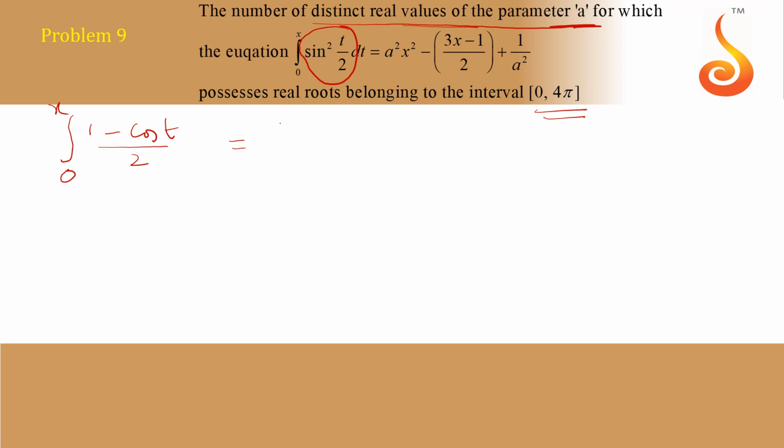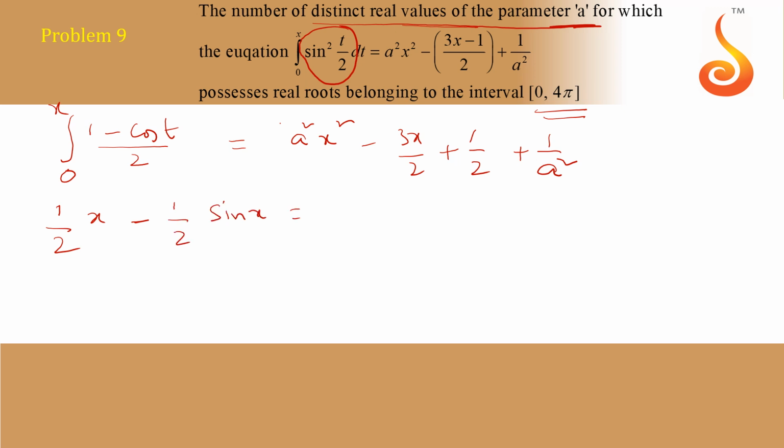The given is a square x square minus 3x by 2 plus 1 by 2 plus 1 by a square. So this is half definite integration. If you apply, half x minus 1 by 2 cos t is integration sin t, that is sin x minus sin 0, so half sin x equal to the same.